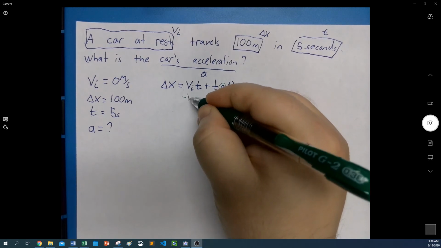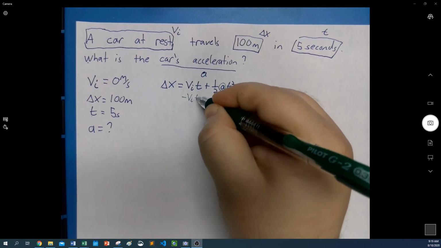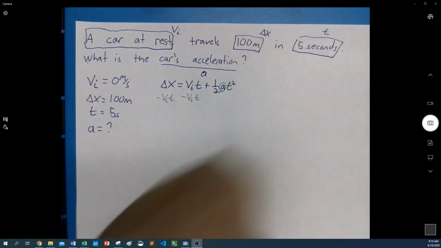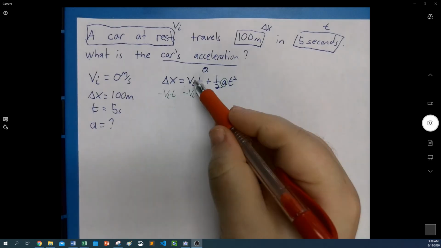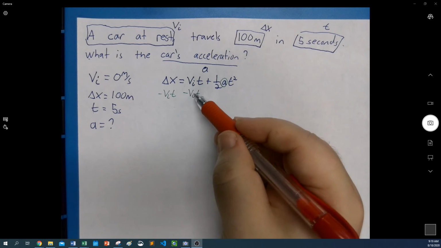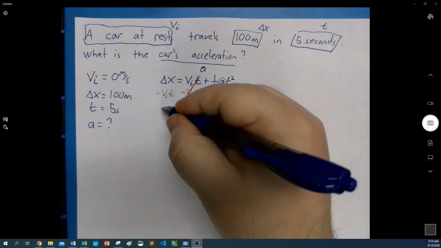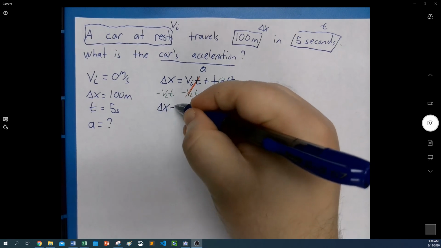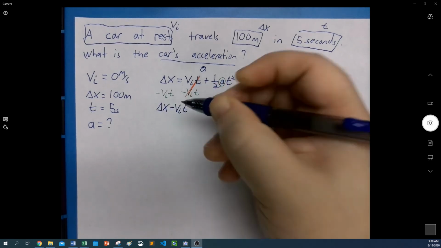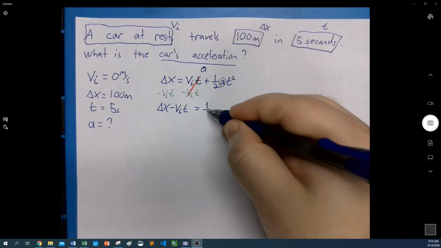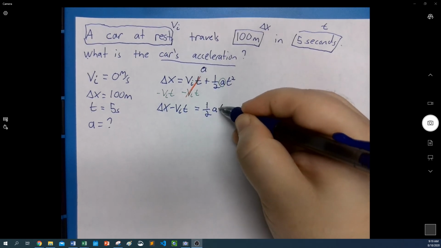So we would subtract VI T from both sides. VI times T minus VI times T cancels out, giving us delta X minus VI T, and that would be equal to 1/2 AT squared.